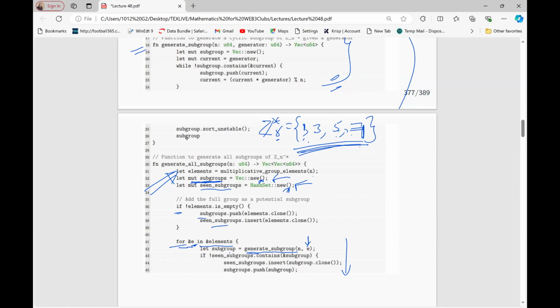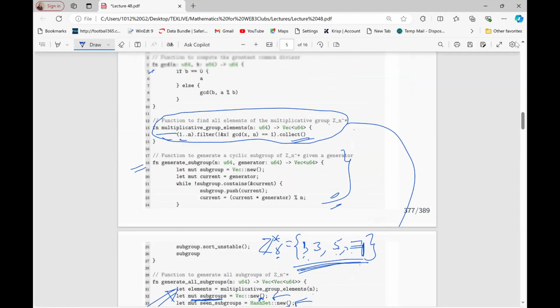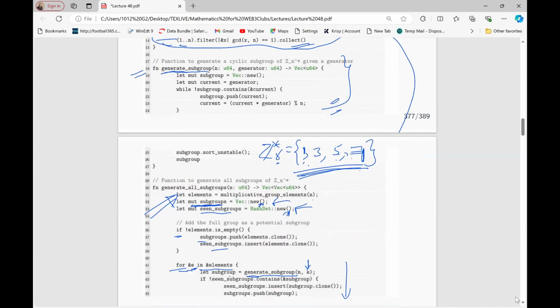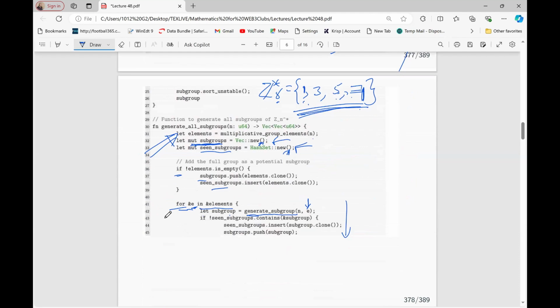Is that okay? Yes. So for instance, let me show you what it's calling. It's calling the one I told you we've not touched. We'll come to this: generate subgroup. That is the function being called. We're saying let subgroup, then it calls generate subgroup.